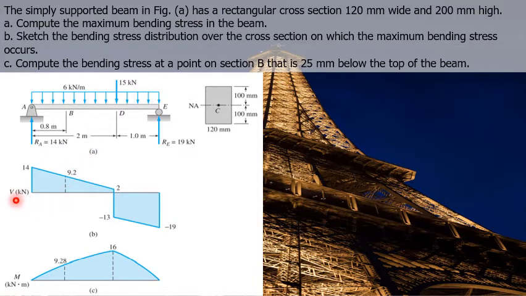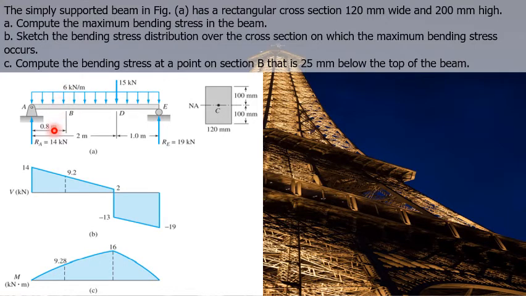First, we need to get the shear at point B. In the shear diagram, first we go up with 14 kilonewtons. And from point A towards point B, we have a downward uniform load of 6 kilonewton per meter over a distance of 0.8 meter. So what we do is, we add 14 and negative 6 times 0.8.